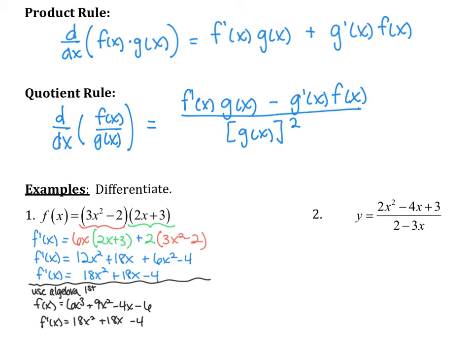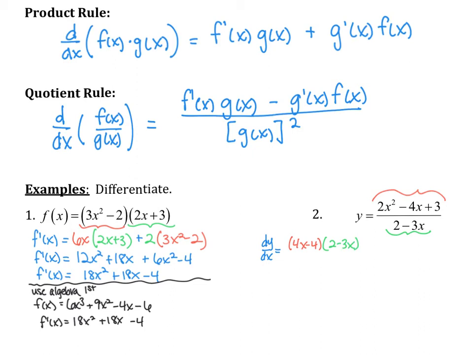Notice this next problem is a quotient rule where the numerator is going to be my f of x and my denominator, 2 minus 3x, is going to be my g of x. So if I go through to find the derivative here, we'll call this one dy dx. First thing I'm going to do is take the derivative of the top, and the derivative of the top would be 4x minus 4 times the derivative of the denominator, 2 minus 3x.